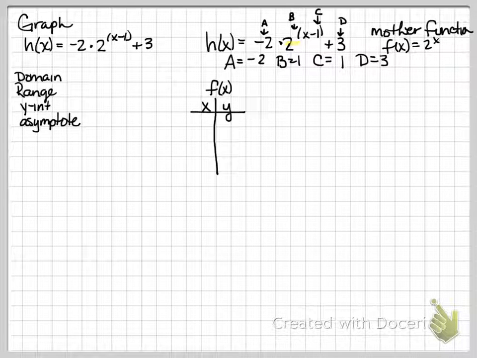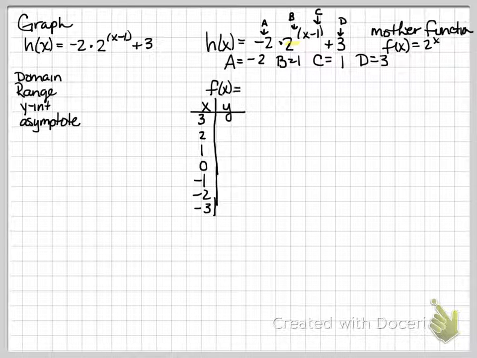Now, because of the way students are, they tend to mess up with the exponents when they're negative. So I'm going to actually start with the positives and then go to the negatives. So I'm going to start with 3 and go down to 1, 0, negative 1, negative 2, and negative 3.